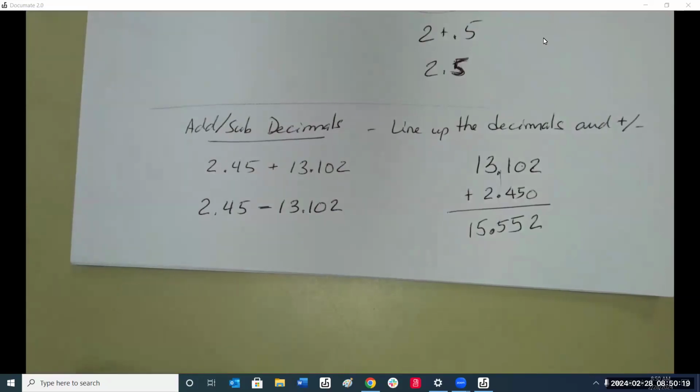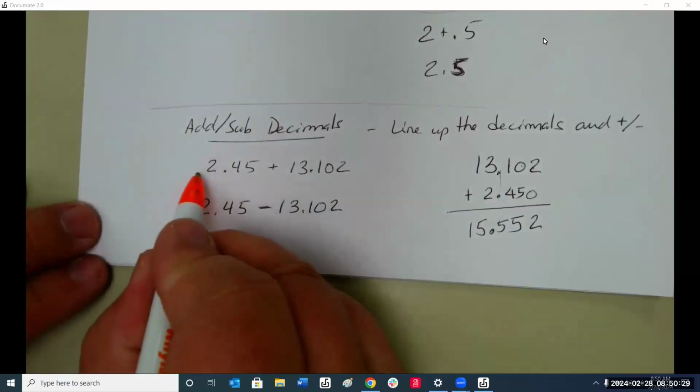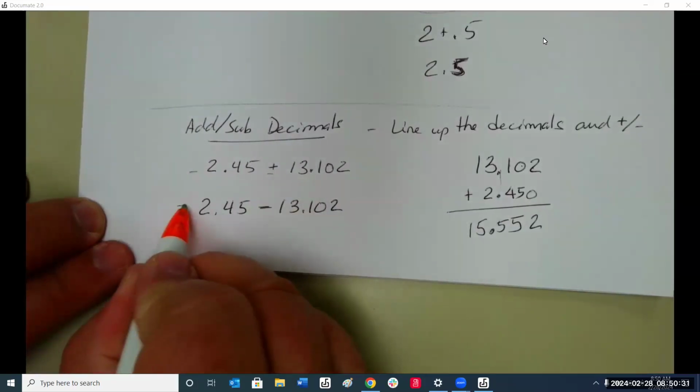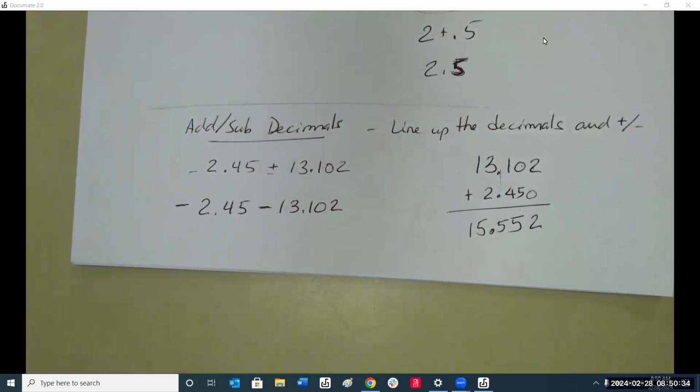Which is the way when you explain subtraction and addition, always make sure you teach them the rules I showed you earlier. The rule of addition is if the signs are the same, what do you do?